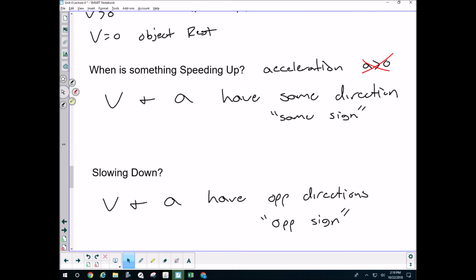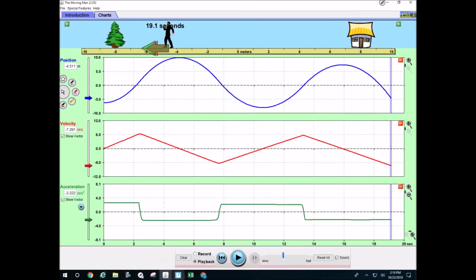Now, if I gave you a velocity graph, you should be able to figure out by looking at the velocity graph whether or not you're speeding up or slowing down. But I don't want you to do that. What I want us to do is what we've been doing in class so far, which is looking at signs of derivatives. So the sign of velocity and the sign of acceleration.